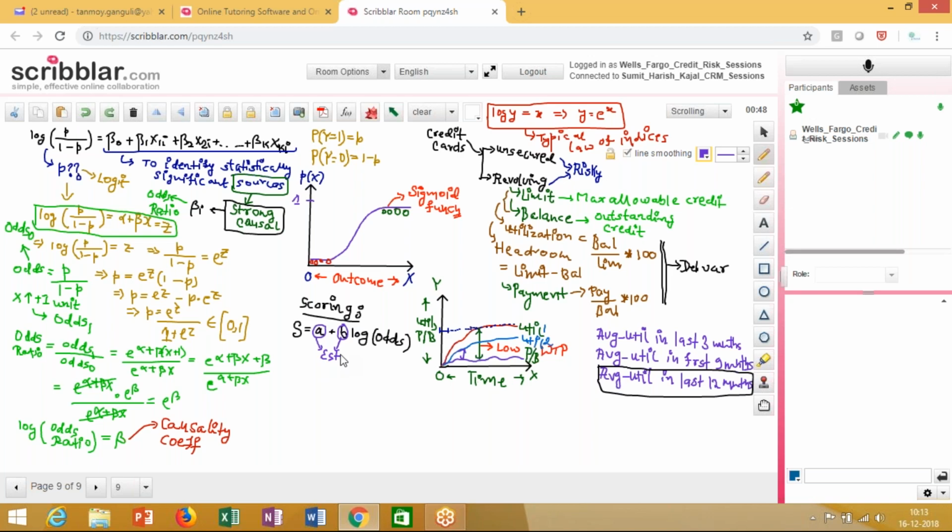So we have one single equation and two parameters. Now the question that comes up for us is, how do we estimate these parameters?